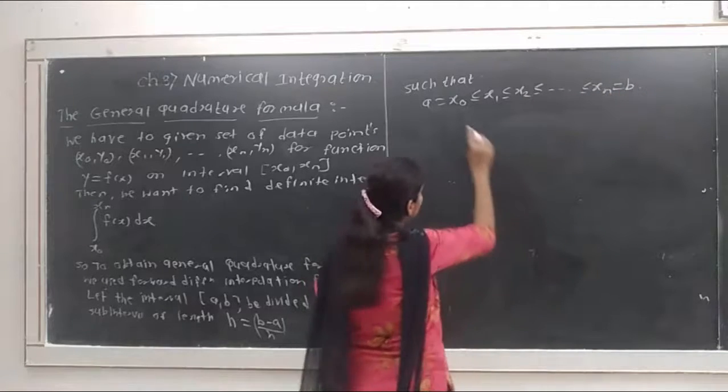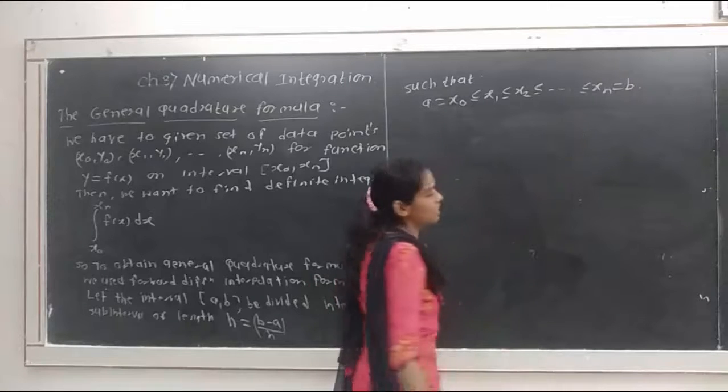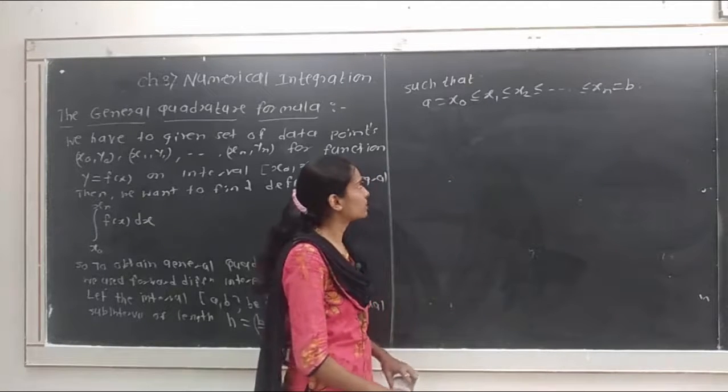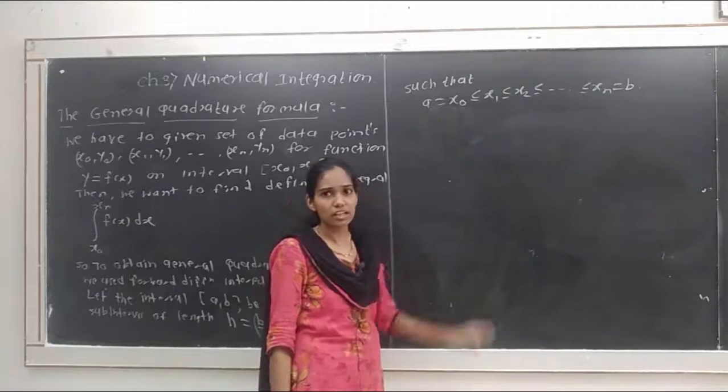We consider x0 and xn, the starting and ending points of the interval, as a and b.